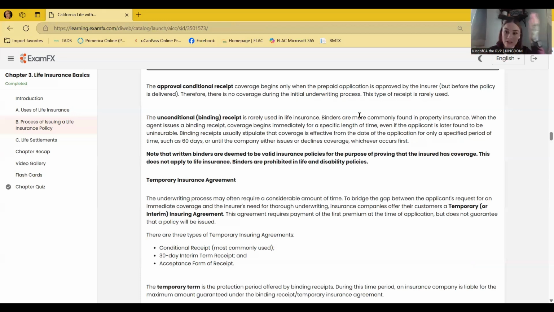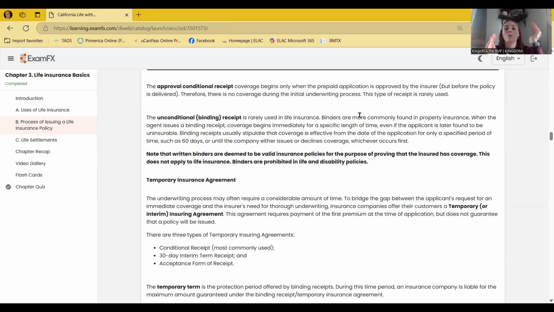Think about your house. You applied for home insurance, like fire protection, and they were taking forever. So you apply, you pay your first premium, and they're taking forever to accept you. During this period where you're neither accepted nor denied, your house could get damaged. And let's just say it does. A binding receipt is almost like a baby policy of its own.